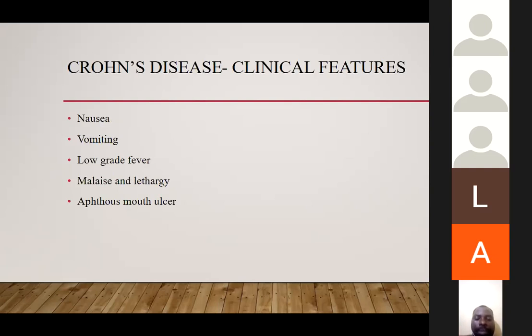Once you read further, you realize that it's not all about diarrhea, because if you are getting chronic inflammation for a very long time and eventually you develop some sort of strictures in your gastrointestinal tract, then what will happen? You are going to move from that diarrhea and develop constipation sometimes because of that stricturing secondary to the inflammation, okay?